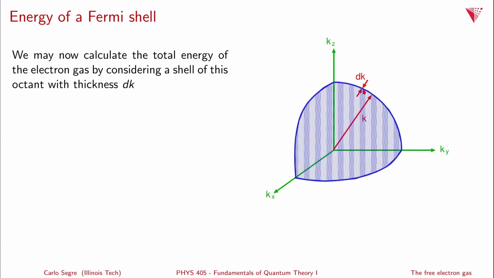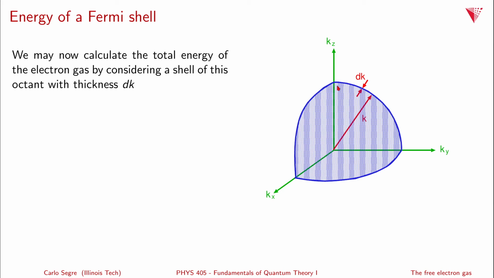Now, one thing to remember is the size of the box is macroscopic. So the spacing between points in k space is very small. And we're assuming that it's a nearly continuous system with very, very closely spaced states by the time we get out to a large radius k.